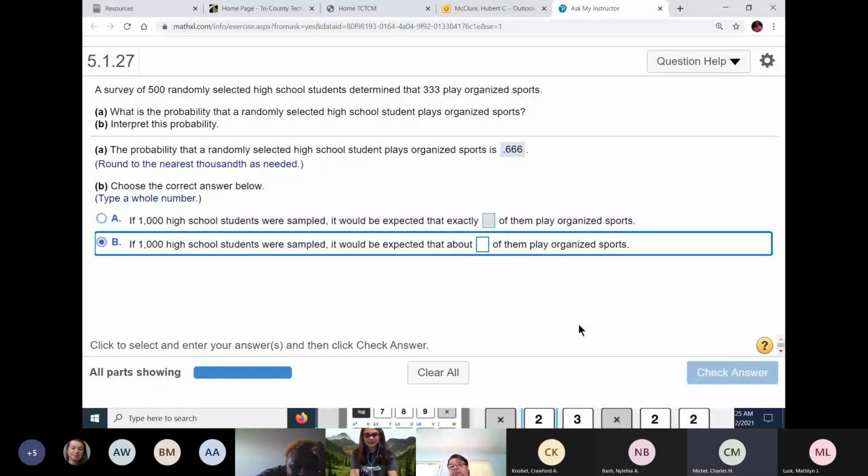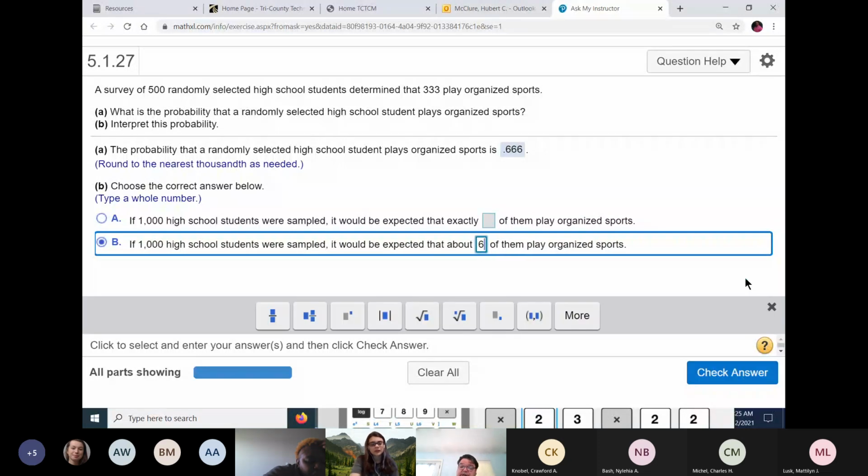Sentence B says about instead of exactly. You never use exactly in mathematics, unless you're talking about an algebraic equation and it's the only answer possible. In probability, you never use the word exactly, impossible, or perfect. So it would be about 666.